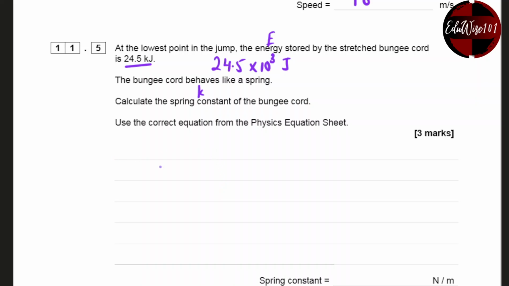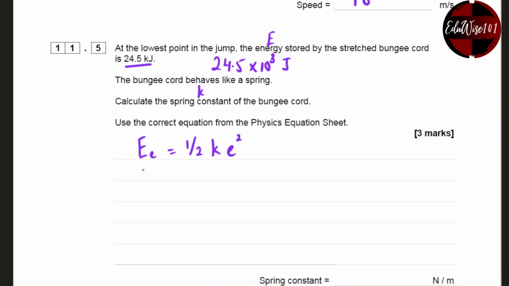And the equation is elastic potential energy is equal to half k e squared. Now the elastic potential energy is the stored energy. At the lowest point, the energy stored by the stretched bungee cord is 24.5.